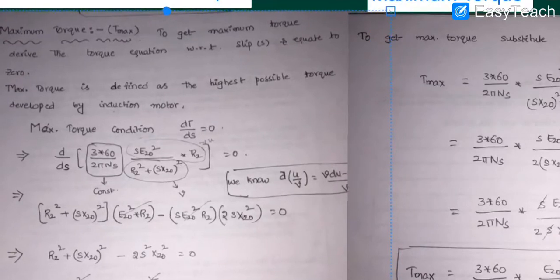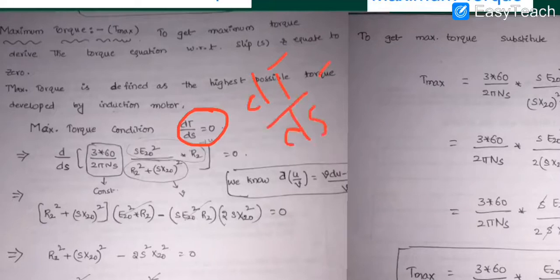That will give the condition for maximum torque. In this we have to differentiate our torque equation with respect to slip, because slip is variable due to change in speed. So dT by dS is 0.